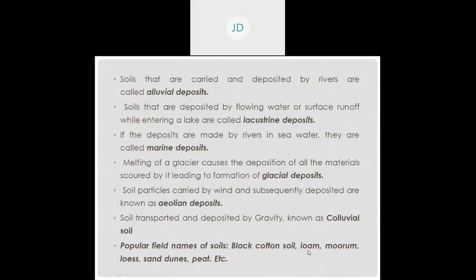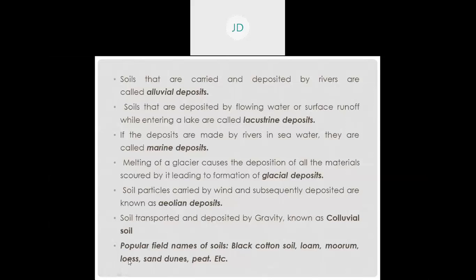So what is loam soil? Loamy soil is a mixture of sand, silt, and clay. Moorum soil is gravel mixed with red clay. What is loess? Loess is an aeolian deposit. Aeolian means it is transported and deposited by air only.